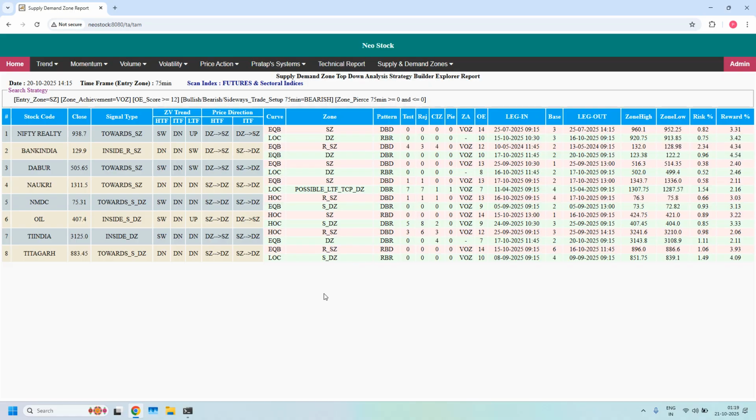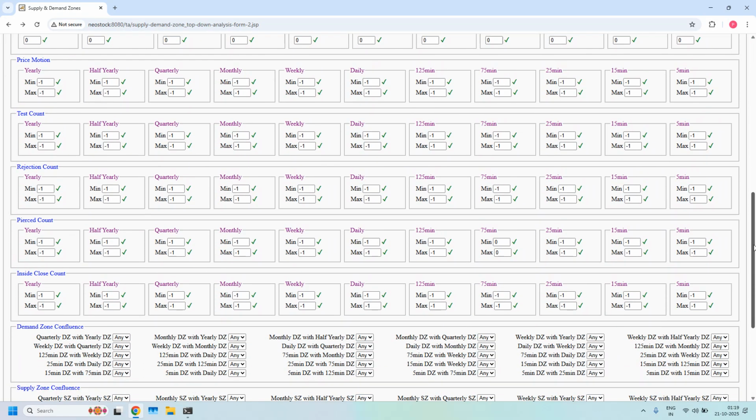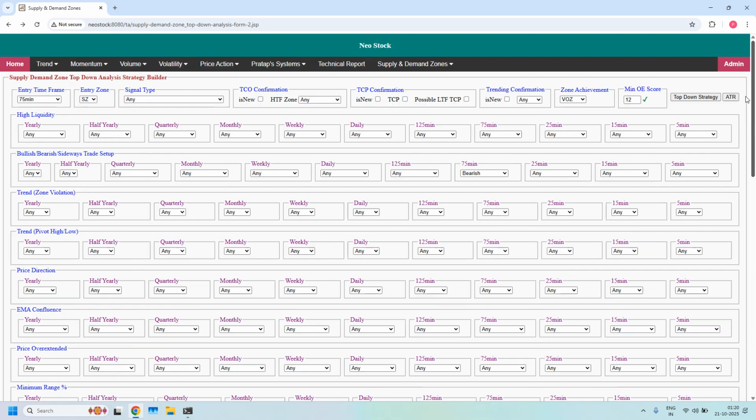First strategy, LTF and ITF supply zone confluence, and then ITF supply zone with ITF EMA confluence. So first 75 minutes and daily supply zone confluence, and then daily supply zone with daily EMA confluence.